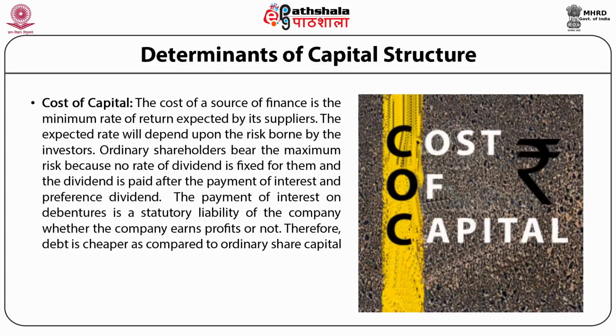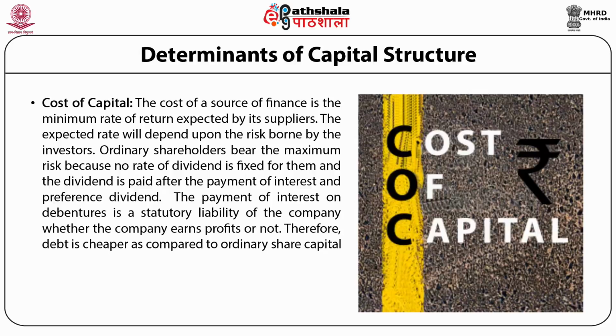Cost of capital. The cost of a source of finance is the minimum rate of return expected by its suppliers. The expected rate will depend upon the risk borne by the investors. Ordinary shareholders bear the maximum risk because no rate of dividend is fixed for them and the dividend is paid after the payment of interest and preference dividend.